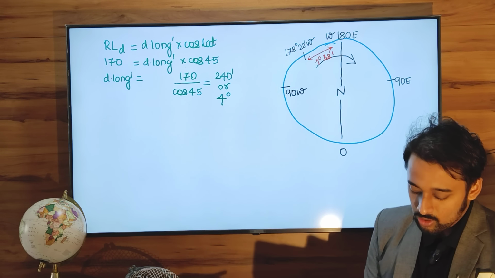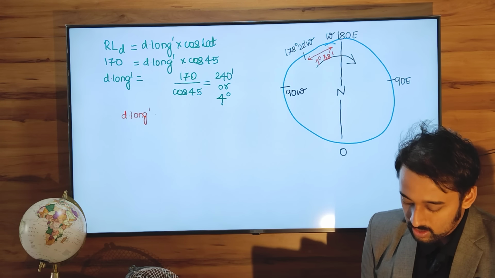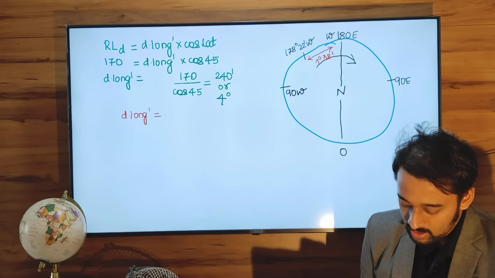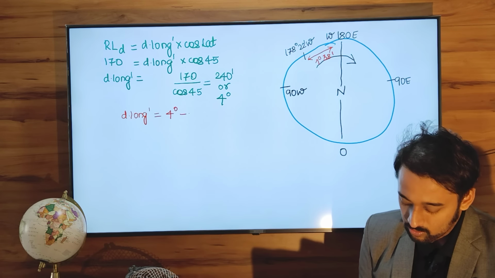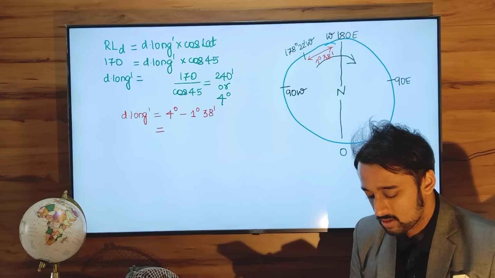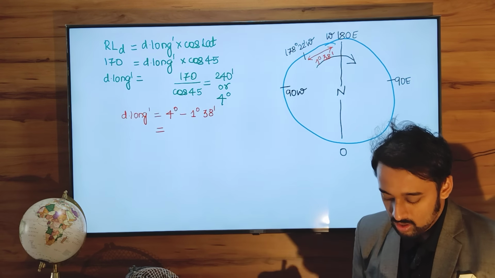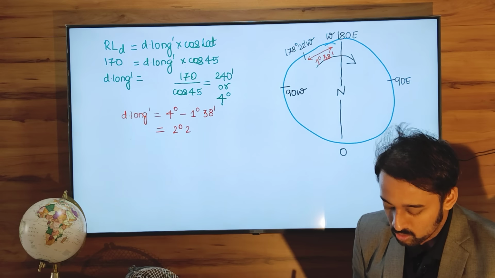So out of the total d long of 4 degrees, when we subtract 1 degree 38 minutes, we will be left with 2 degrees 22 minutes.